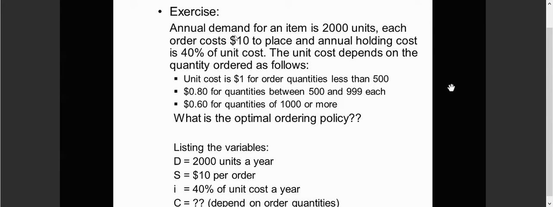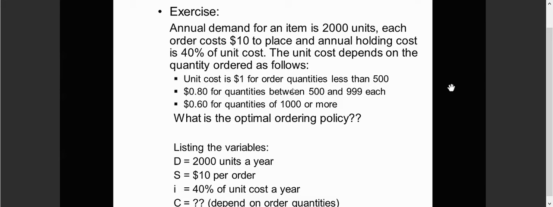So what we have here is an annual demand for the item of 2,000, the ordering cost is 10 ringgit per order, and the holding cost is 40% of the unit cost. The unit cost depends on the quantity ordered as follows.